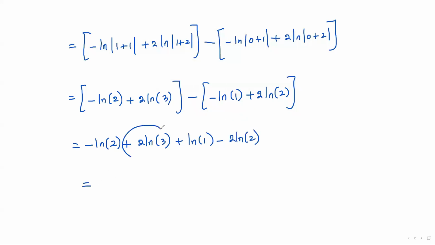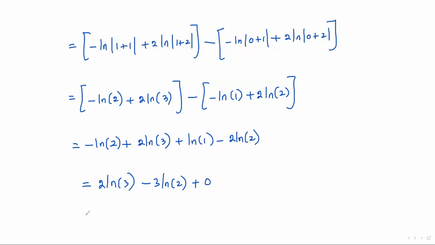So here we can write this term first because we have this one with a positive sign. So 2 times ln of 3, and these are like terms because both terms contain ln of 2. So when I combine these two, I'll be getting negative 3 ln of 2, plus the value of ln of 1, which is 0. Natural logarithm of 1 is 0.